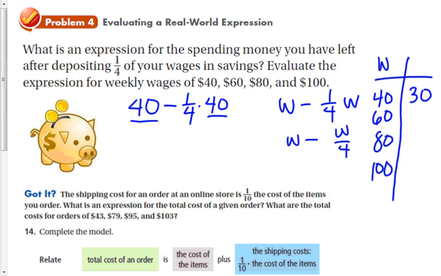And 60 minus 1/4 of 60 is 60 minus 15, which is 45. For 80, I get 80 minus 20, which is 60. You might see a pattern here since we're going up by 15. You probably know that you're going to get 75, but you probably want to check that. All right, you can try that.